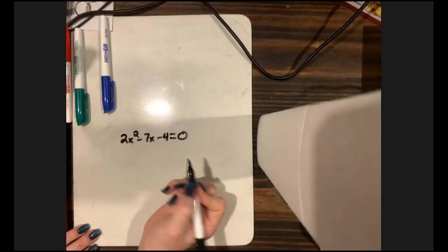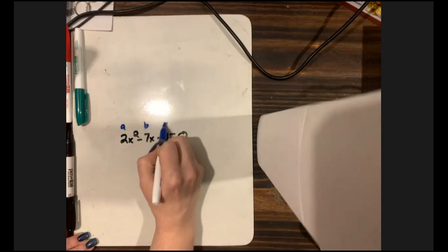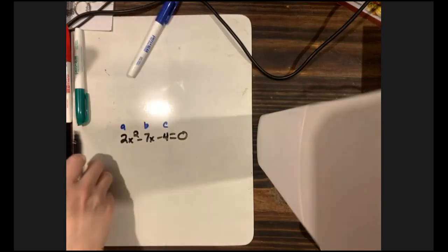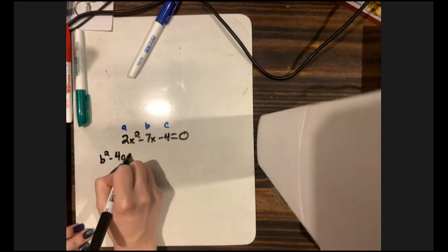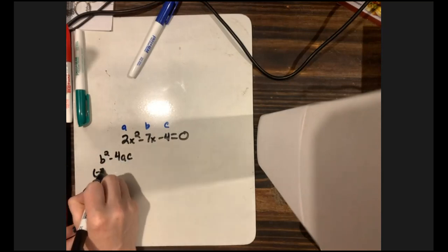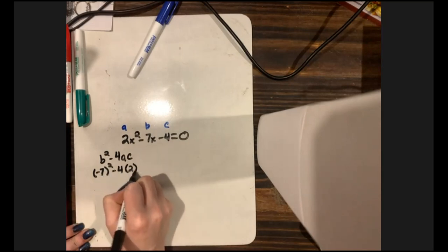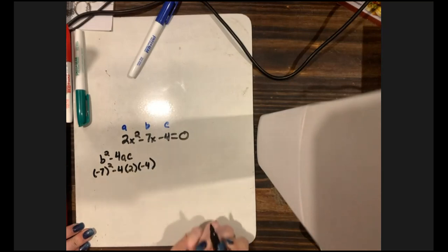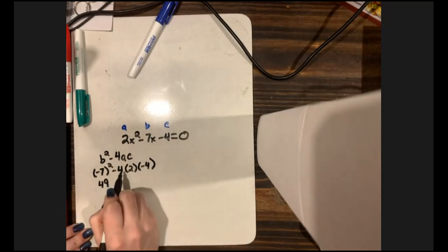Okay, so we've got this. So again, here's our a, our b, and our c processing through here. So we've got b squared minus 4ac. So I'm going to have negative 7 squared minus 4 times 2 times negative 4. So it's going to be 49.